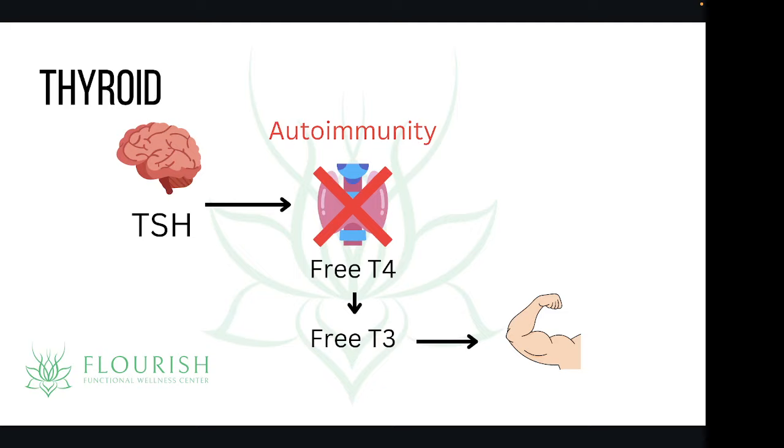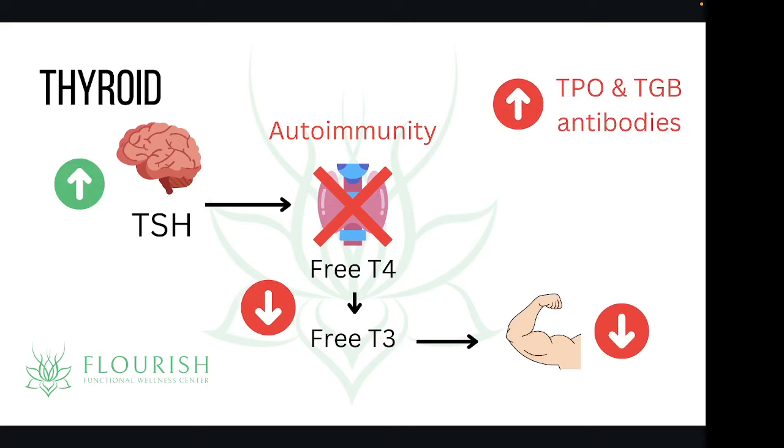You'll see an increase in TSH because the thyroid isn't able to produce enough thyroid hormone because the immune system is attacking the thyroid peroxidase as well as the thyroglobulin. So you'll see increase in TSH, low free T3 and T4, and low outputs. You'll feel fatigued and tired all the time.